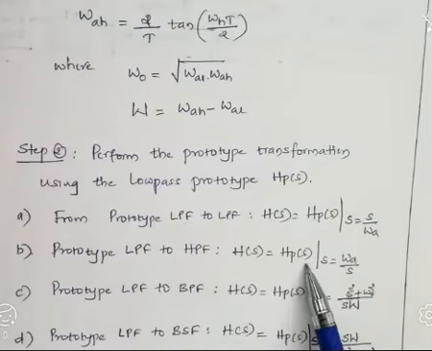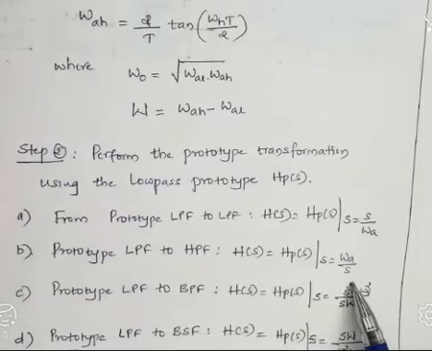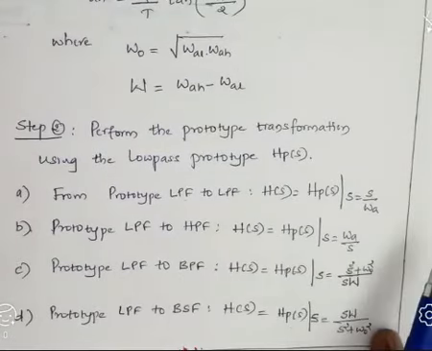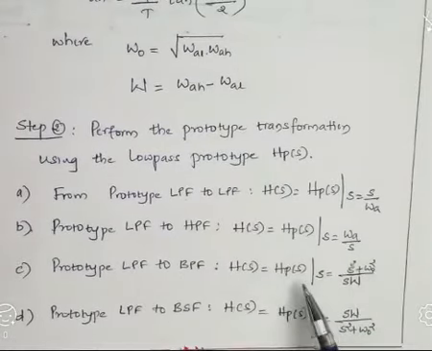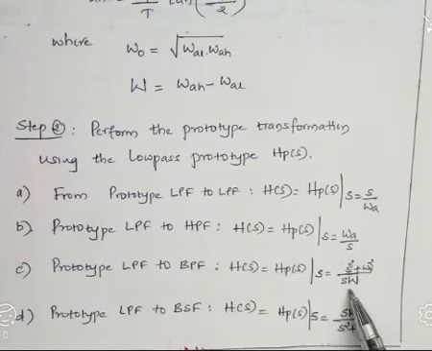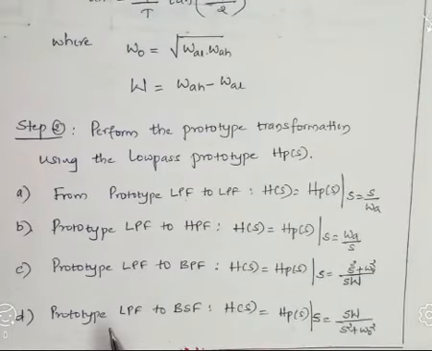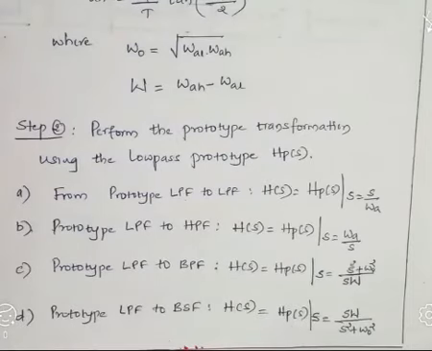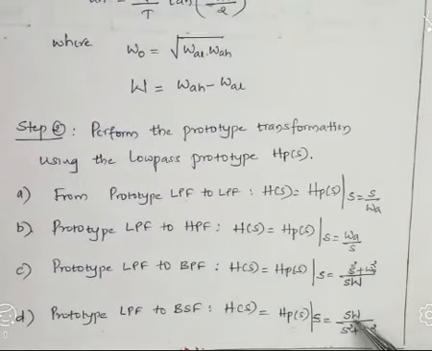Next case, prototype low pass filter to band pass filter is done by H(S) equal to HP(S), where S is replaced by (S squared plus ω0 squared) divided by SW. Last case, prototype low pass filter to band stop filter is done by H(S) equal to HP(S), where wherever S is there, S is replaced by SW divided by (S squared plus ω0 squared).